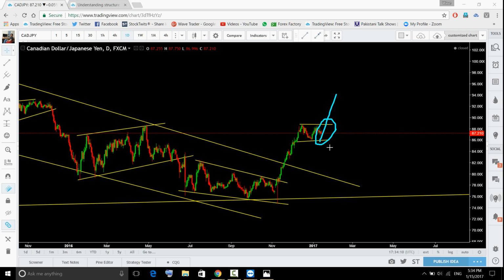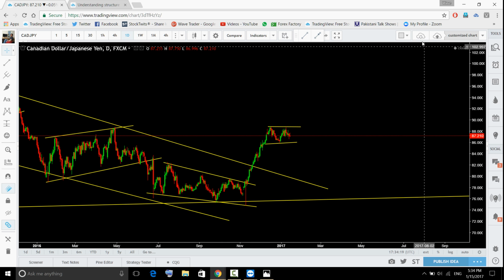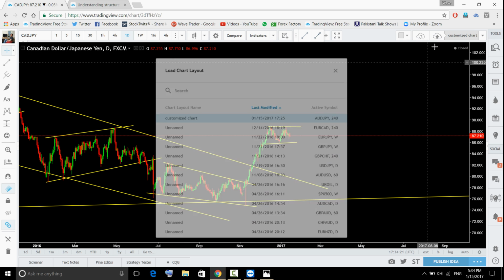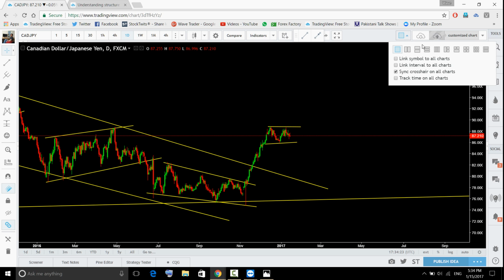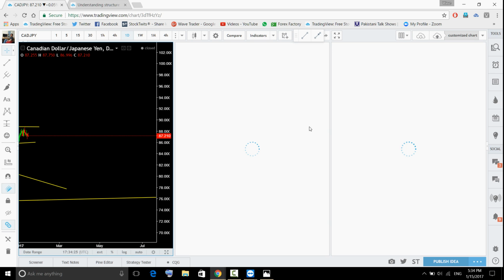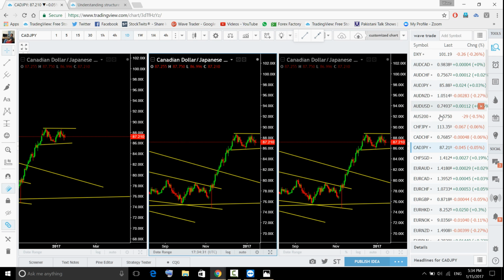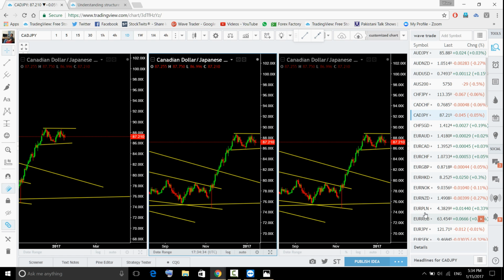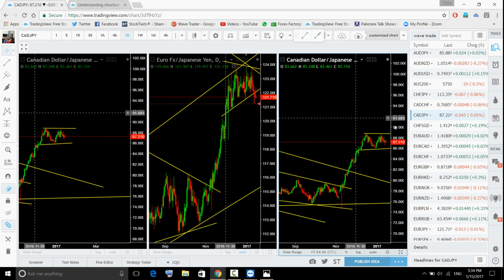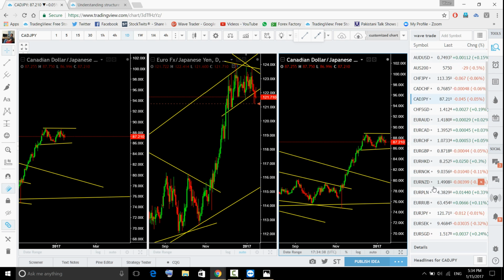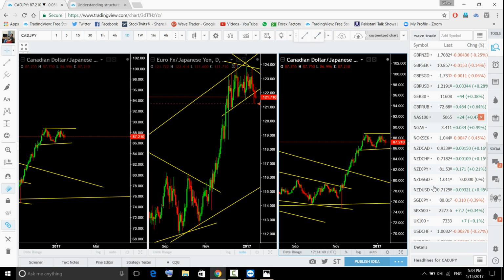If a clear impulsive move appears, it means we're going to experience the next big wave to the upside. For example, if we look at Euro Yen and USD Yen.